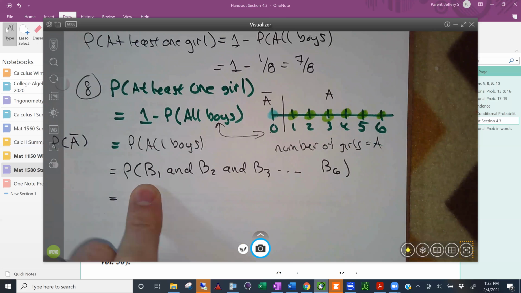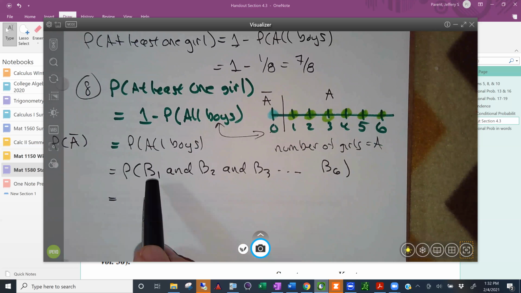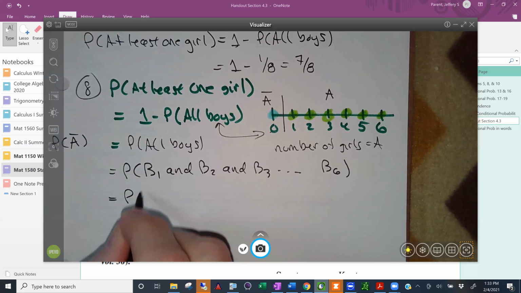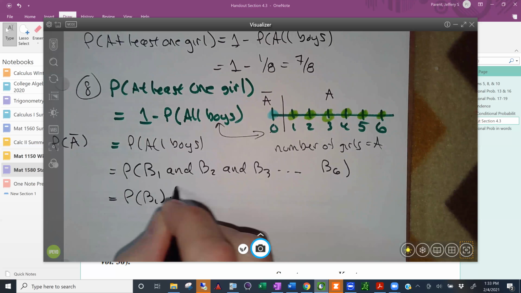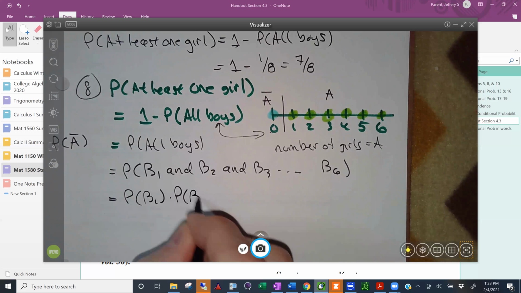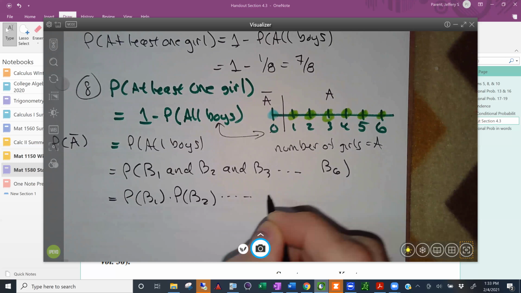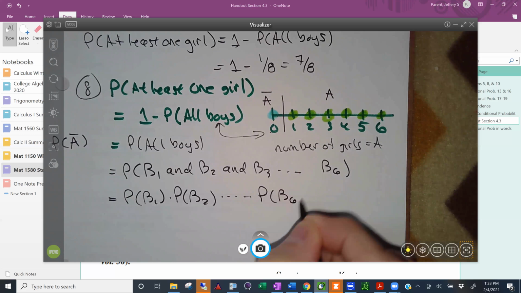Now, what did I say about events earlier? If events are independent, then you can replace this with probability of B1 times probability of B2, all the way down to probability of B6.